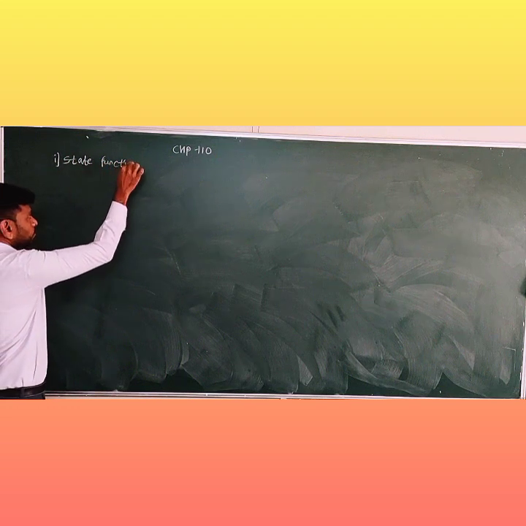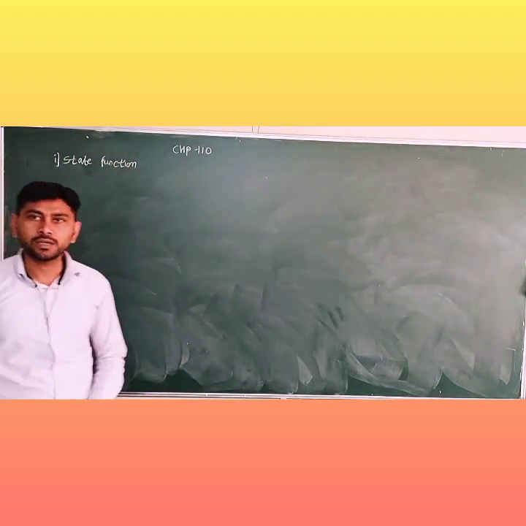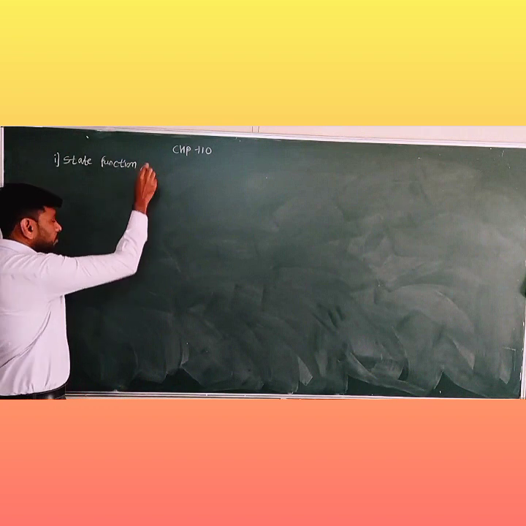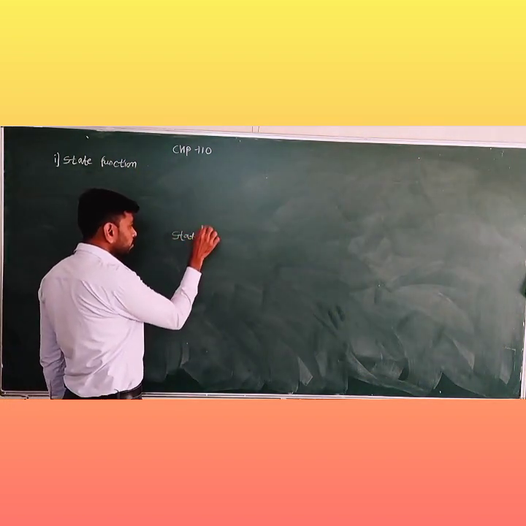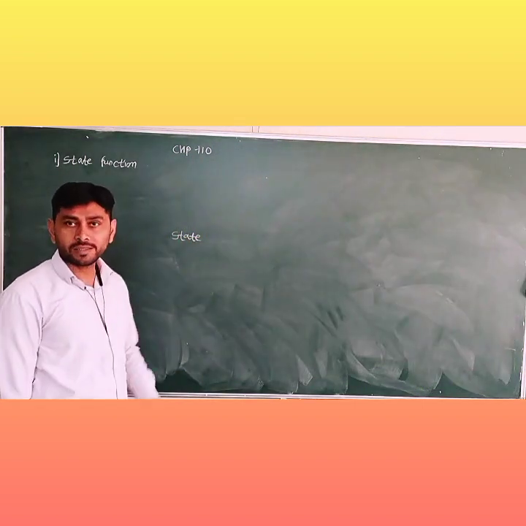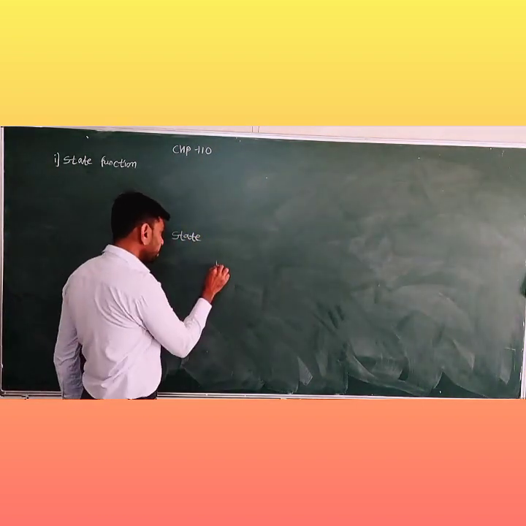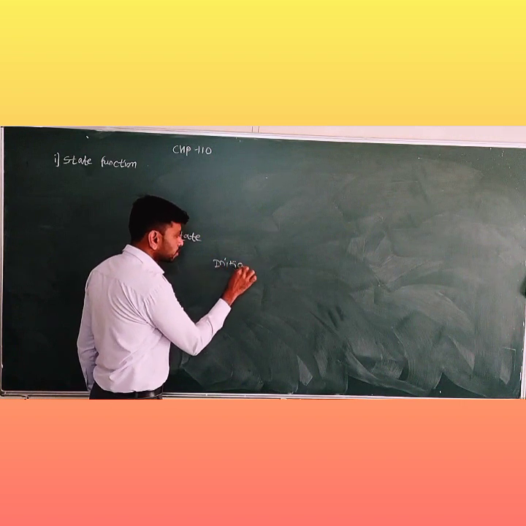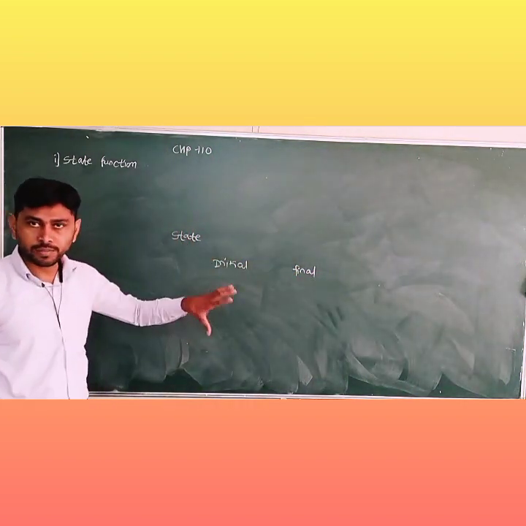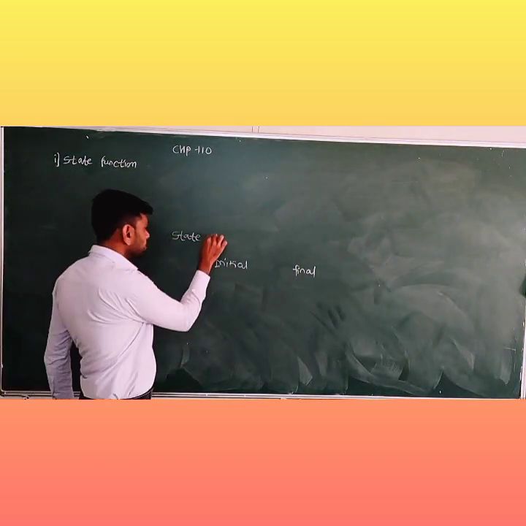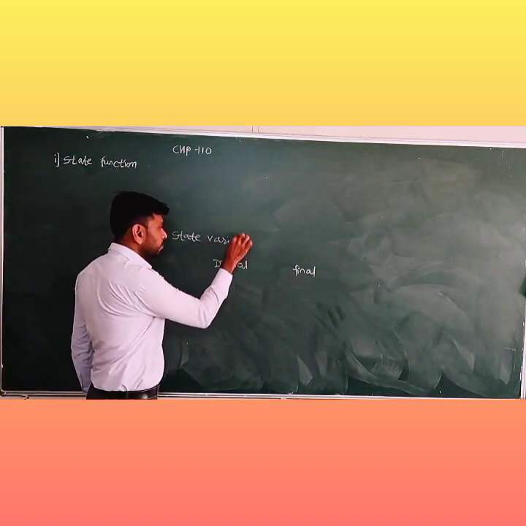First, state function. In the last lecture we saw state variables. What are state variables? Variables whose values define the state of the system, such as the initial state and final state. The state of a system is defined by some parameters, and these are nothing but state variables, and they have some value.